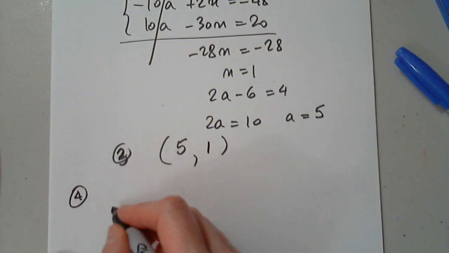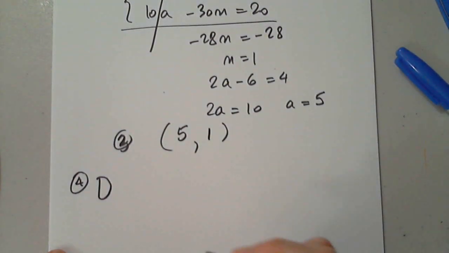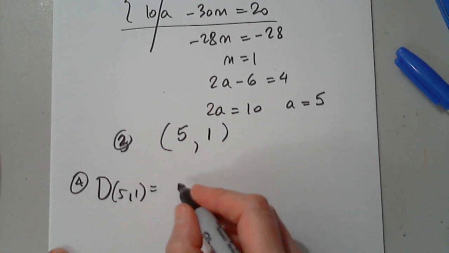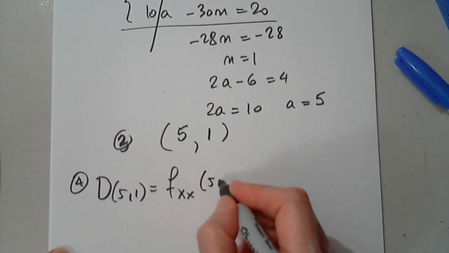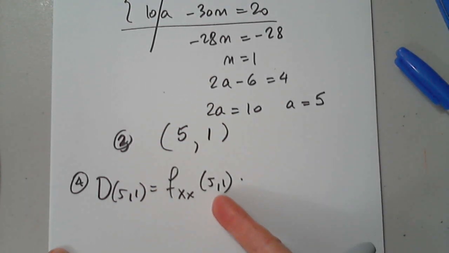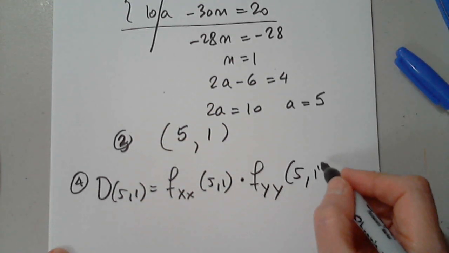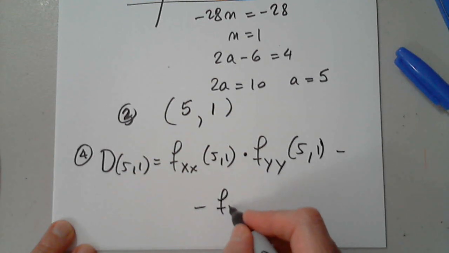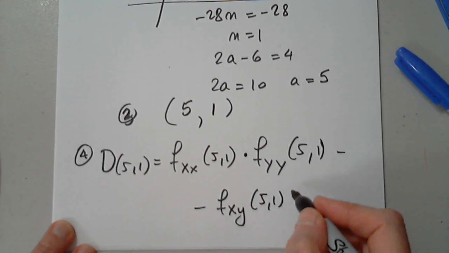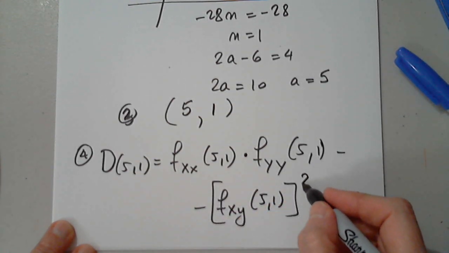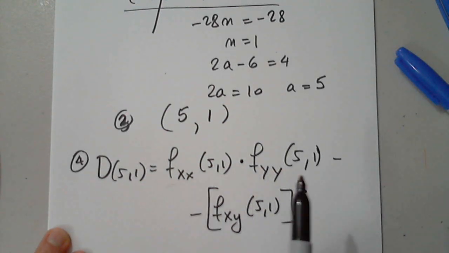In step 4, I have to determine the D-test for 5 comma 1, which is fxx evaluated at 5 comma 1, times fyy evaluated at 5 comma 1, minus fxy evaluated at 5 comma 1, which is also squared. But I don't have these yet. Let's determine them.